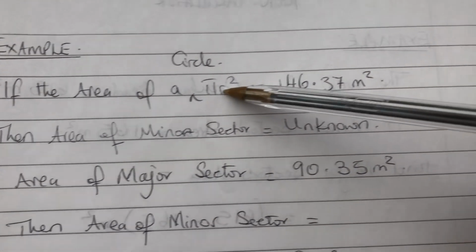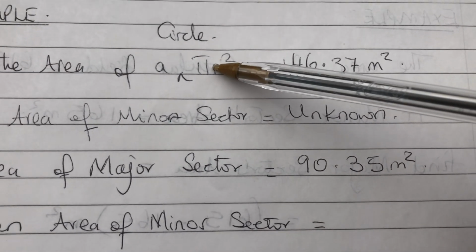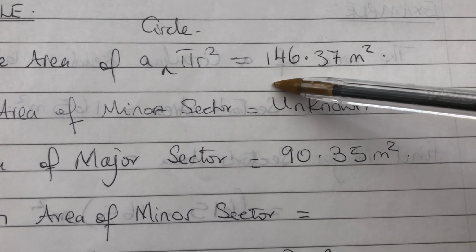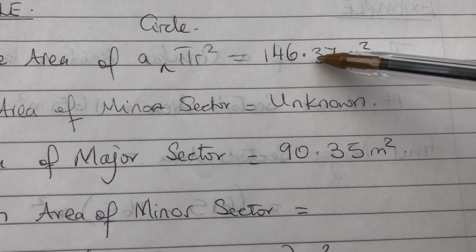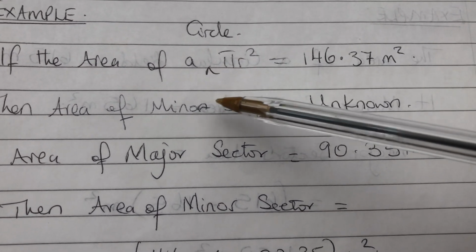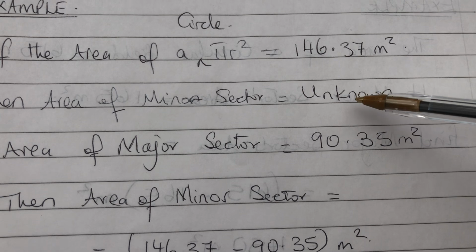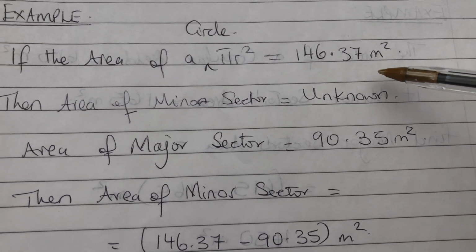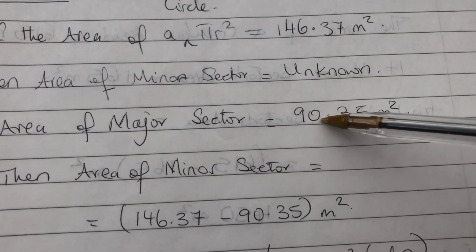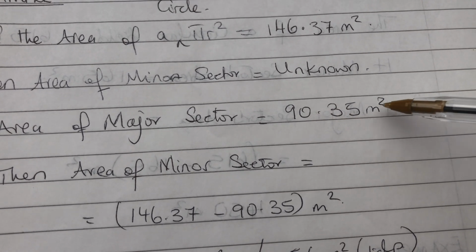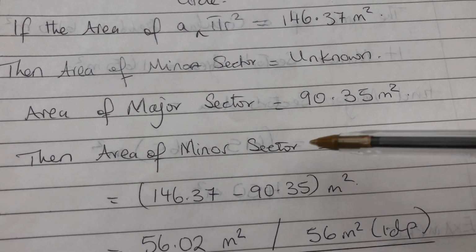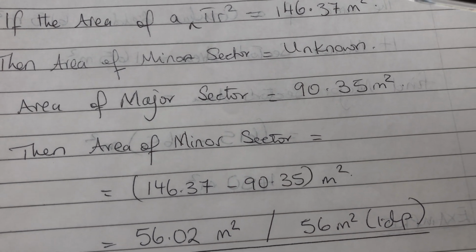If the area of a full circle, pi r squared, equals 146.37 meters squared, and the area of the major sector is 90.35 meters squared, then the area of the minor sector is unknown. Again, you subtract.